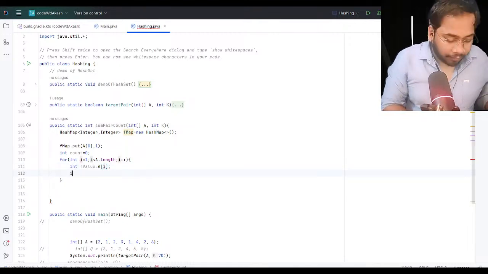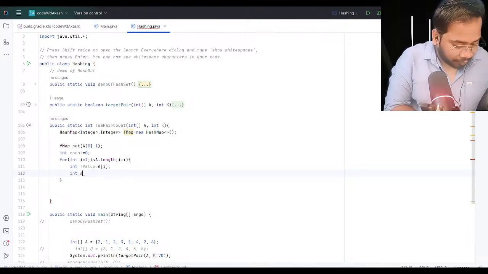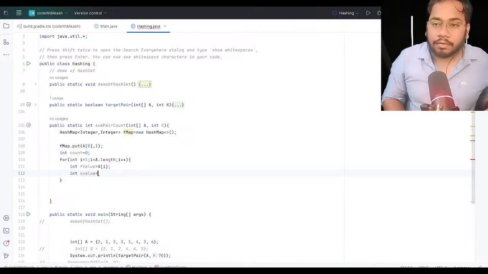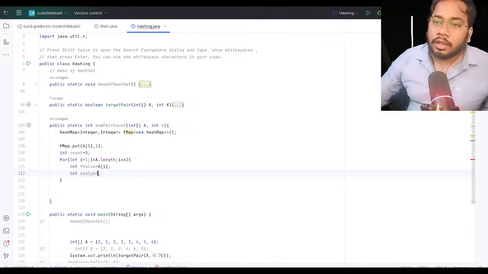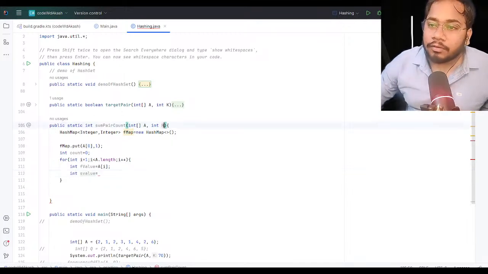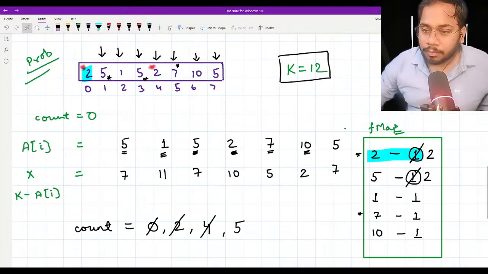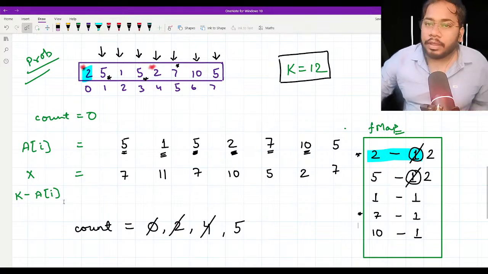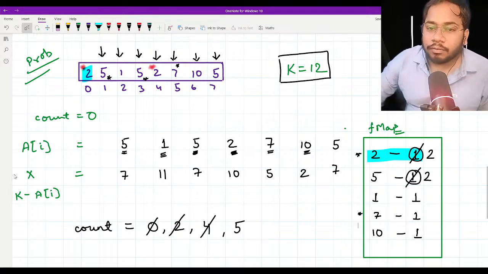What will be the second value? Second value will be, we are passing k. So let's go back and check. Second value is this one: k minus a of i.